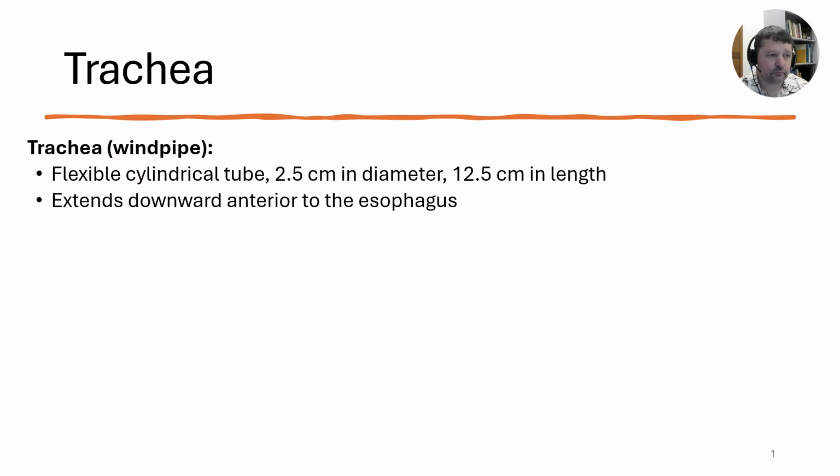windpipe. And the trachea is this tube that runs from the larynx down into the lungs, and it's probably its best feature, the easiest feature for students to learn, whether it's the trachea or the esophagus.